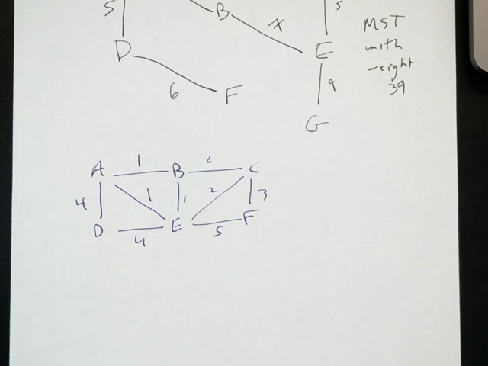You can get at most 2 of those 3 edges of weight 1. Why? If I add all 3, I get a cycle. And then, depending on which ones you've used, you could get either of the edge 2 weights, right?